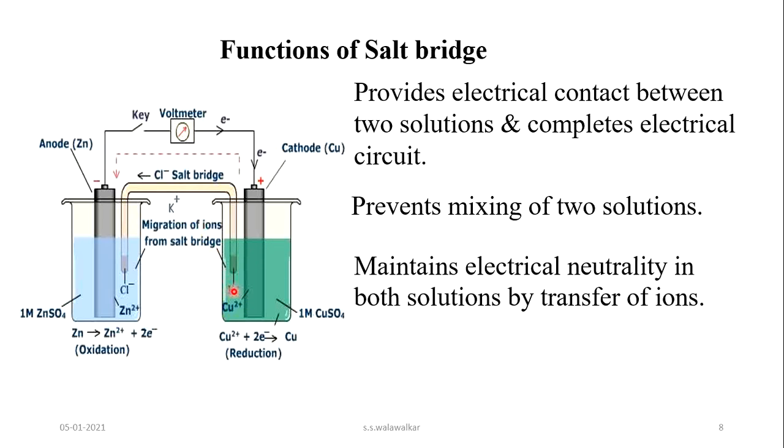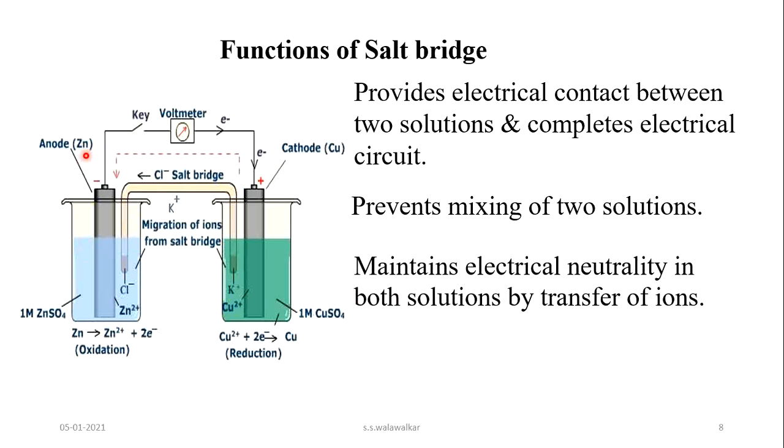They maintain electrical neutrality in both solutions by the transfer of positive and negative ions, and thus the salt bridge functions. So these are the important functions of the salt bridge.